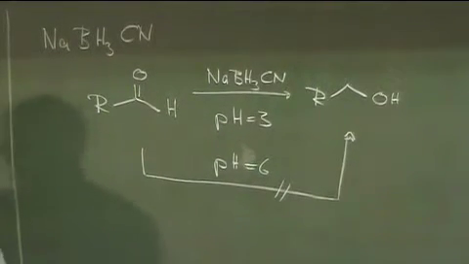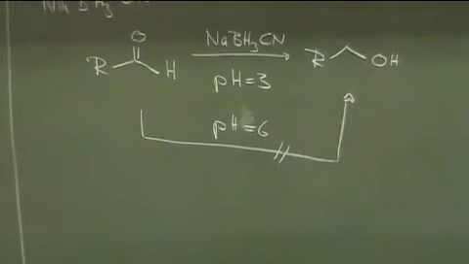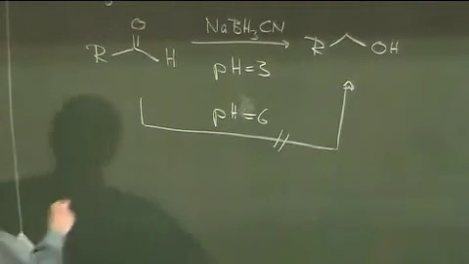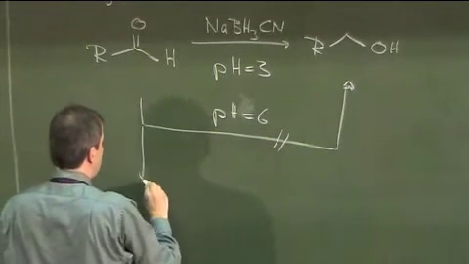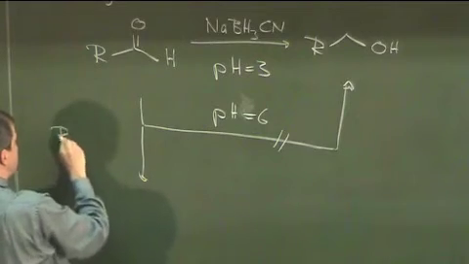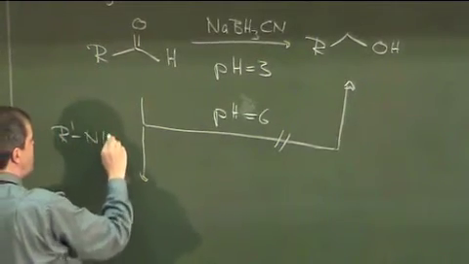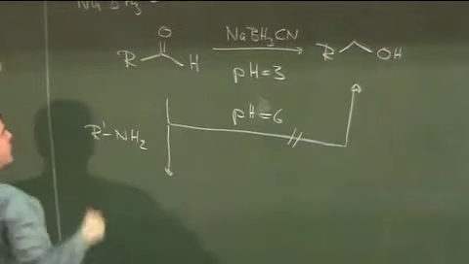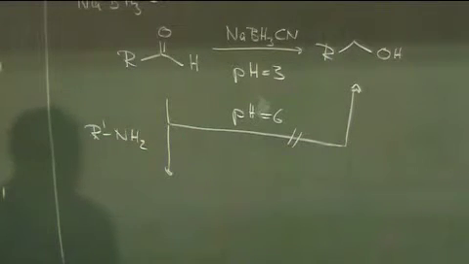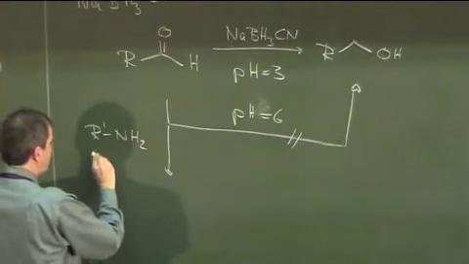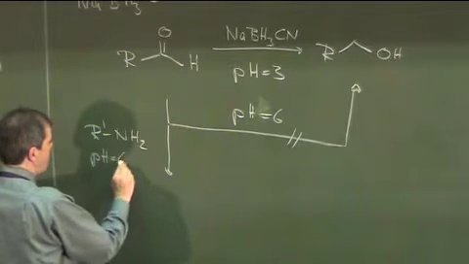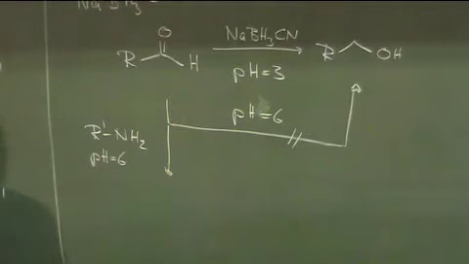And now this is something you can use in a very interesting way. Because if you now mix your aldehyde with an amine to form in situ the imine, and as crazy as this sounds, this reaction works best if you have a moderate acidic pH.